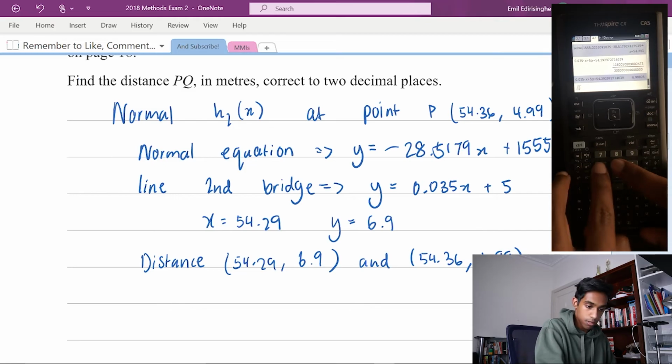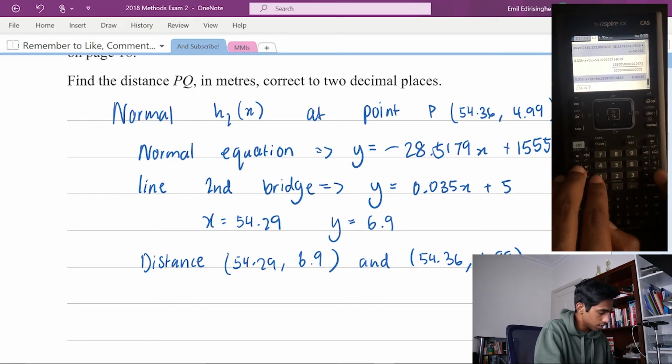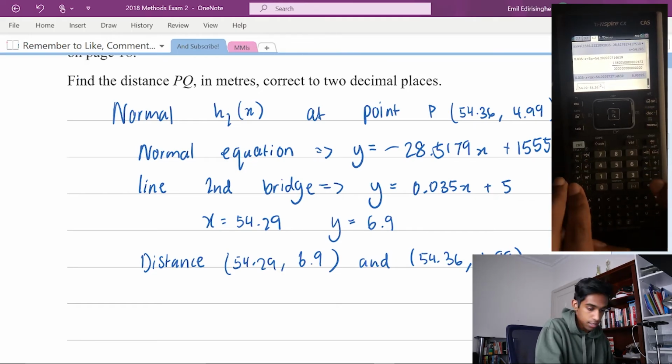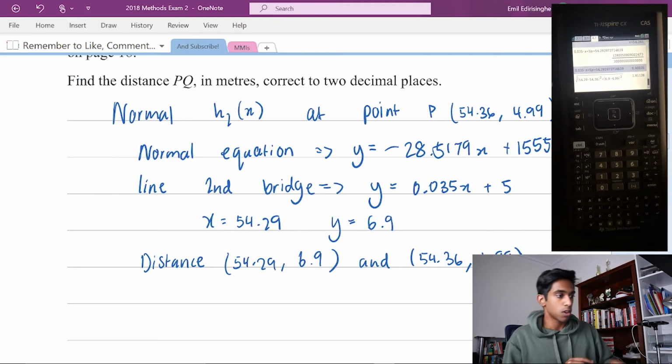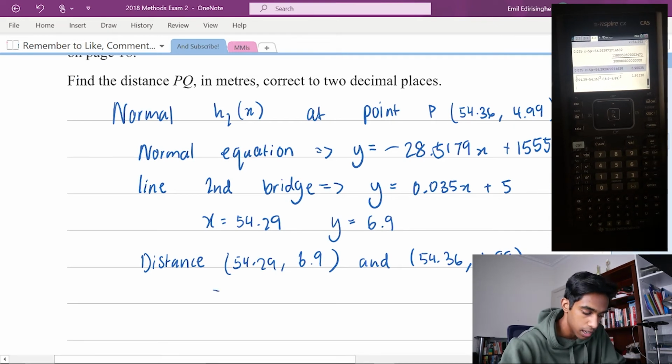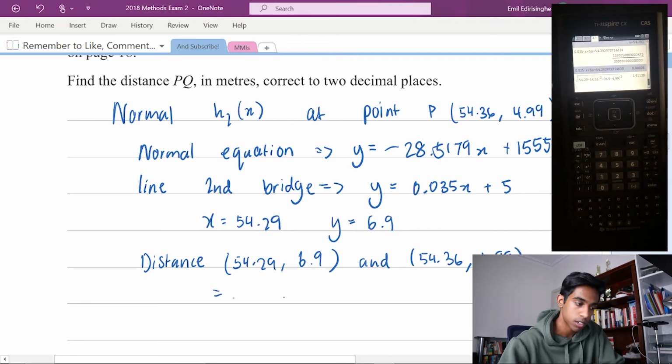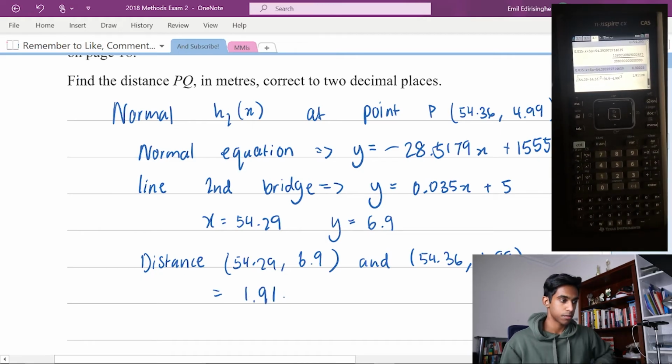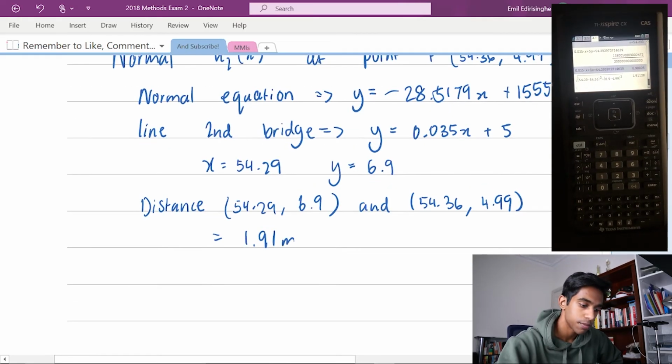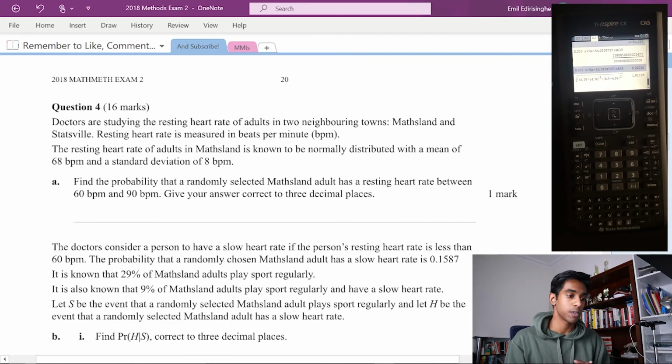So we'll go 54.29 minus 54.36 squared plus 6.9 minus 4.99 squared. That gives us 1.91, correct to 2 decimal places, meters.